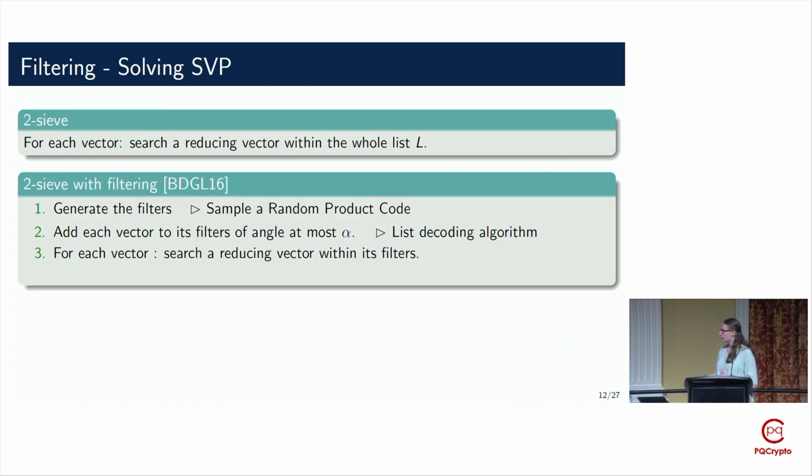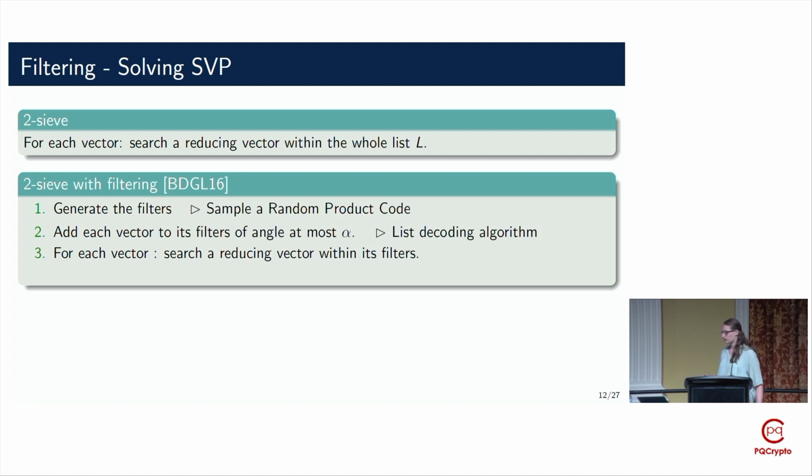To improve the sieving step using this tool, if you remember the 2-sieve, the algorithm was basically, for each vector, searching for a reducing vector within the whole list. When we add filtering, we begin by generating the filters. Then for each vector, we add it to the nearest filters. And here we search for the reducing vector.